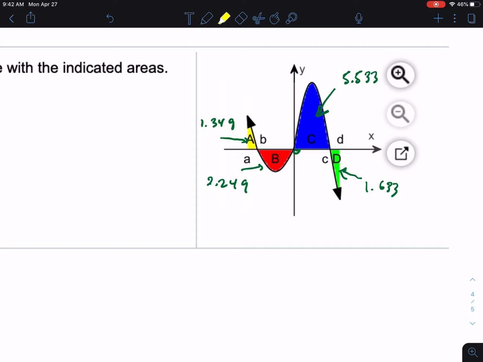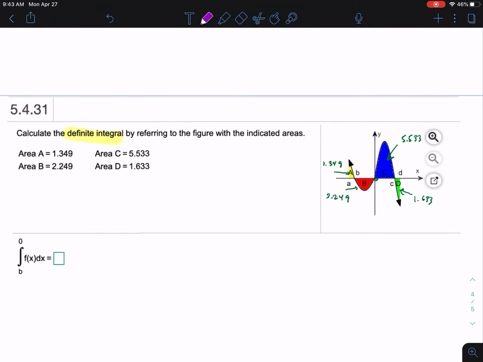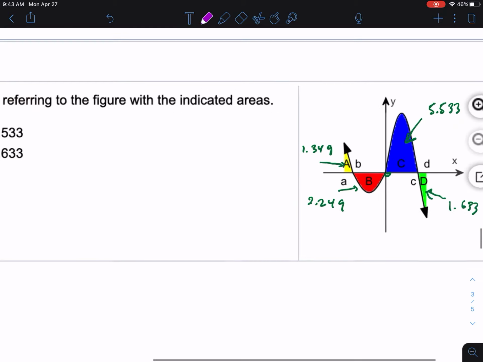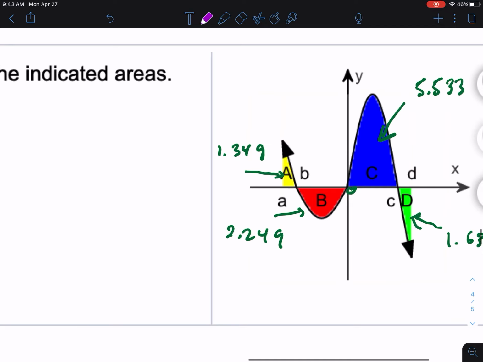Now each one of those shaded regions is an area under the curve, or above the curve if it's below the x-axis, and we're going to introduce that. If the area is above the x-axis, like in A here, where we're given that area A is 1.349, looks like it goes from a to b, then in this case it's going to be a positive value.